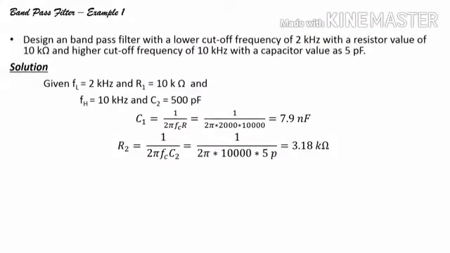Let us take an example to make it easier. Design a band pass filter with a low cutoff frequency of 2 kilohertz and a resistor value of 10 kilo ohm, a high cutoff frequency of 10 kilohertz, and a capacitor value of 5 picofarad. What is given?